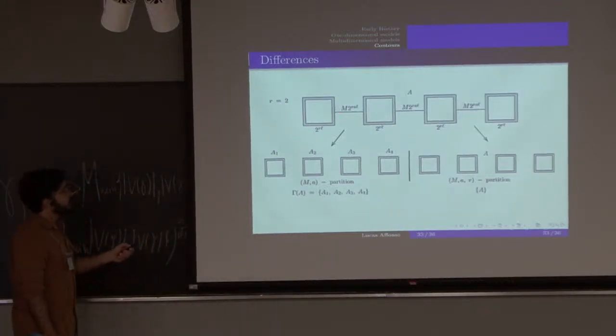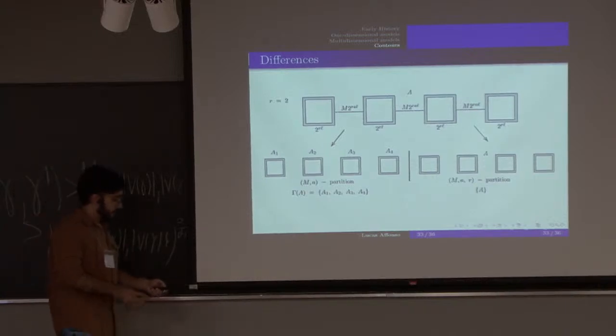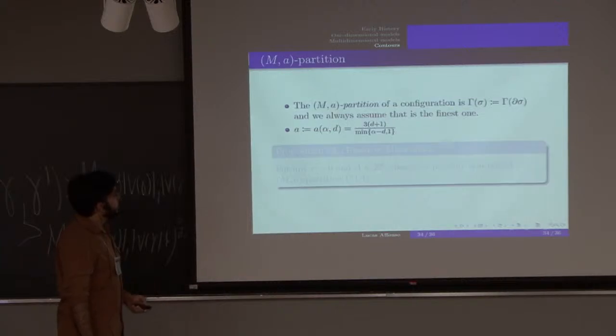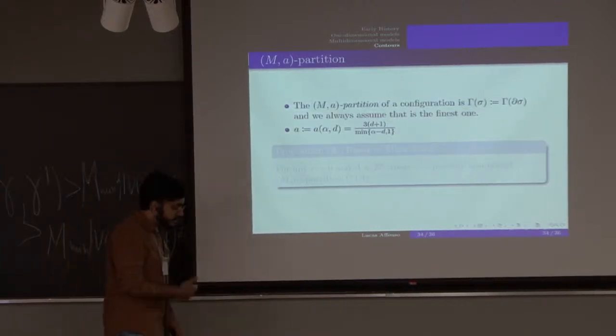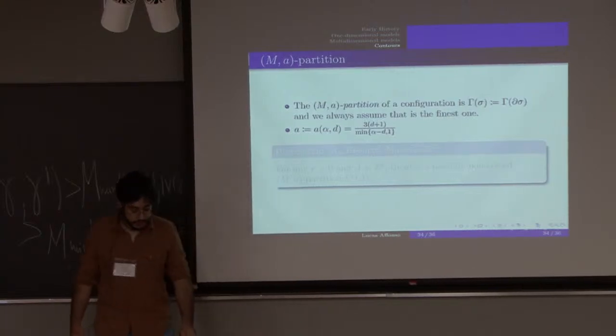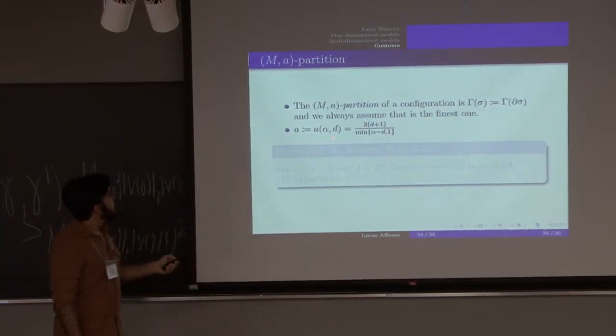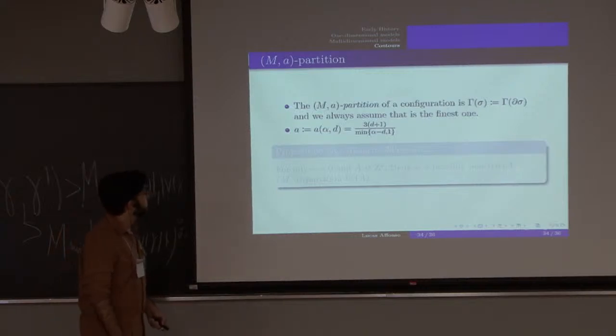So you further separate the set. But of course, now you have to change the choice of the parameters. Again, you can make this choice depending only on alpha and D, so it only depends on the interaction.